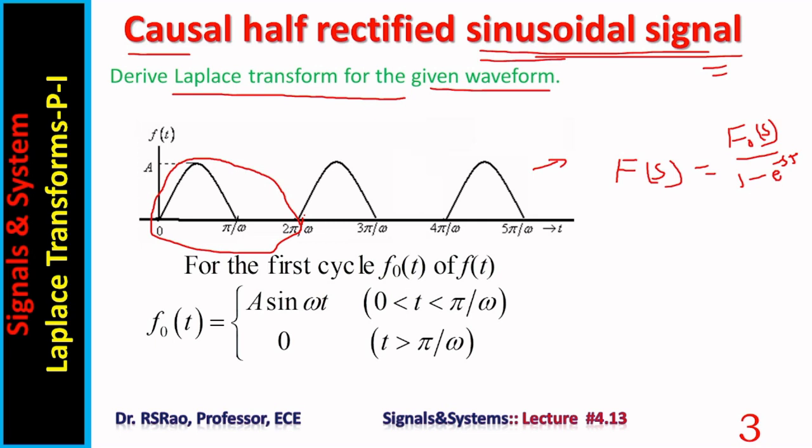Let us denote the first cycle of the signal by f naught of t. Then f naught of t can be expressed as a sin omega t when t is between 0 and pi by omega, and it is 0 when t is more than pi by omega. So here it is 0, here it is sinusoidal.